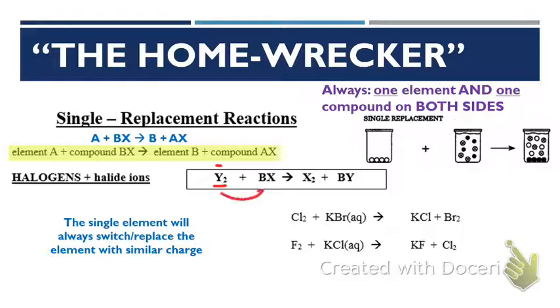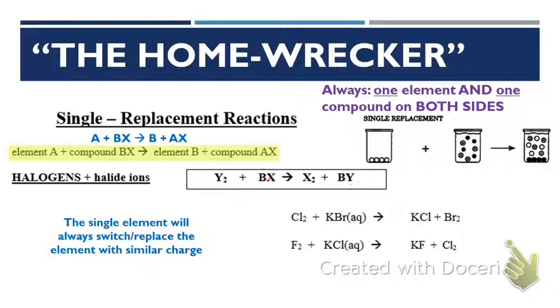So as Y comes over here into this compound, it's not going to react with something else that's negative. It's going to kick out the other negative thing, in this case that's the X, and get with the positive thing. And positives are always first. So if that halogen likes to be negative, it's going to come over and react with the positive part of the compound, and that's why we ended up with By here.